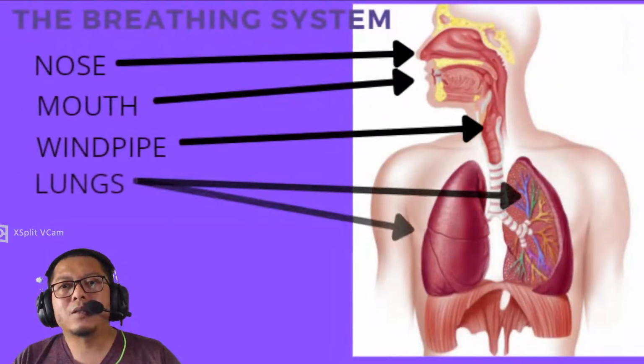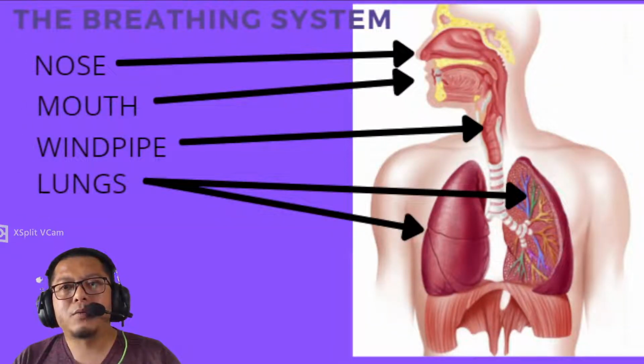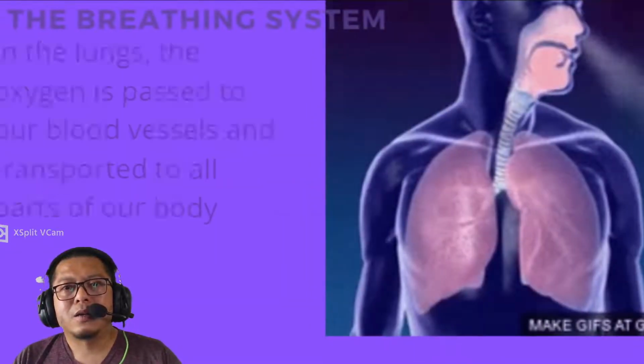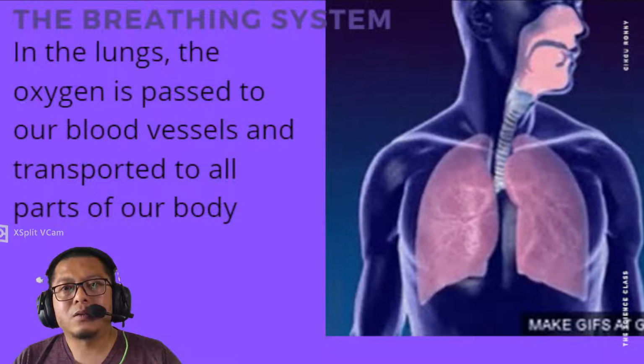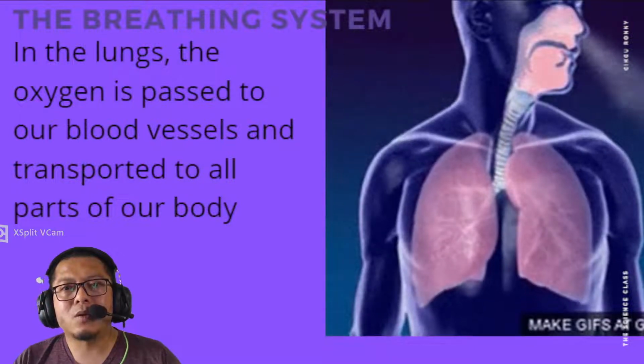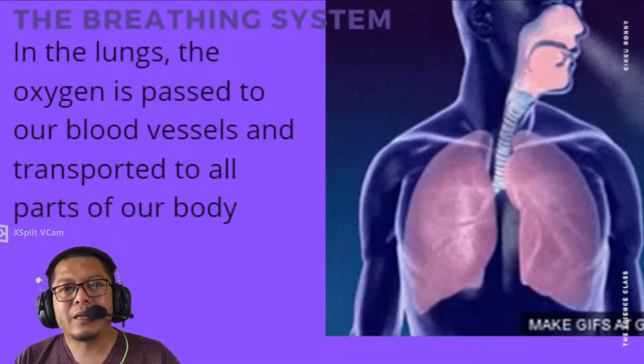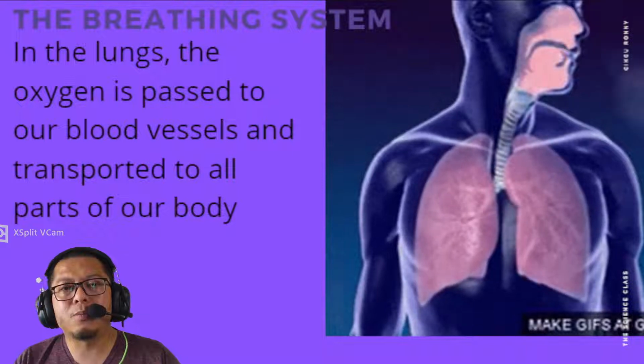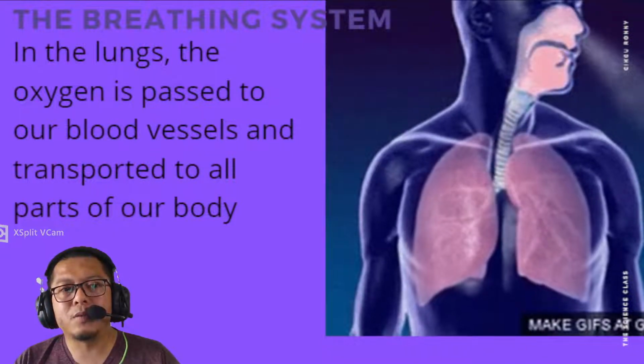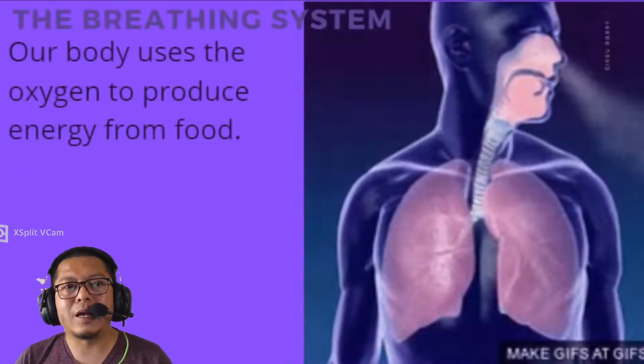Okay, next, there are four parts of the breathing system that we need to learn in year 4: nose, mouth, windpipe, and lungs. In the lungs, the oxygen is passed to our blood vessels and transported to all parts of our body. We talked about this last week.